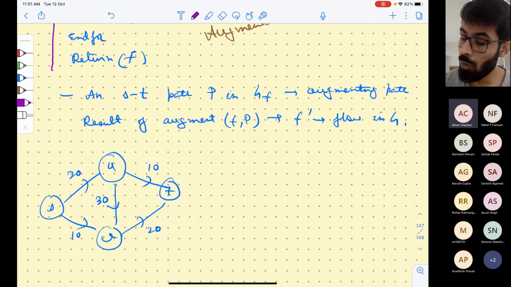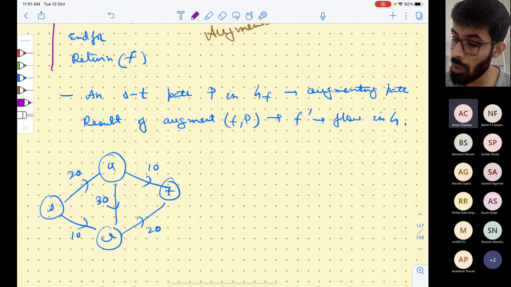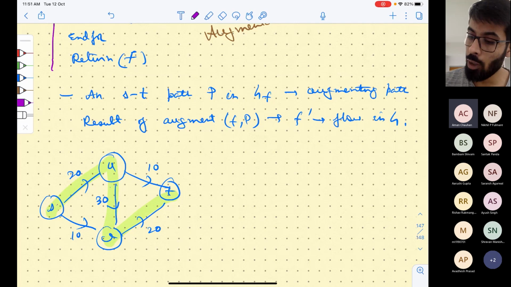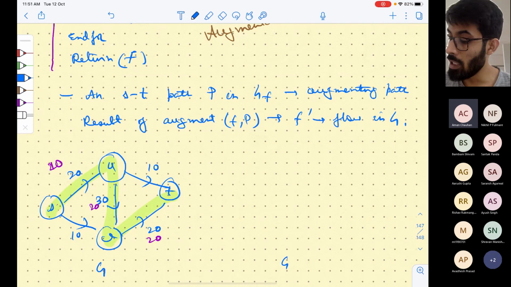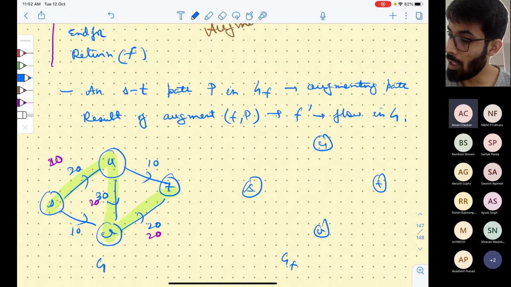And first we looked at this path, and we put the flow value to be 20, 20, 20. So this is G, and what is going to be GF? Let's quickly draw it: S, T, U, V.